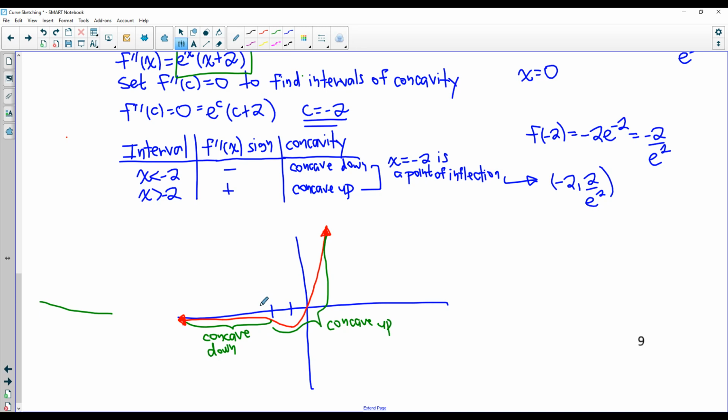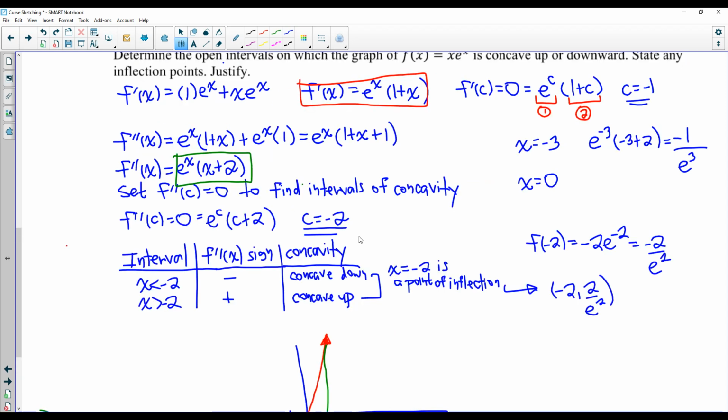Again, if you think of an extended parabola, it would always open upward. And that's the second derivative test. The second derivative test is all about identifying intervals of concavity. If you have a changing concavity, the critical values will tell you.